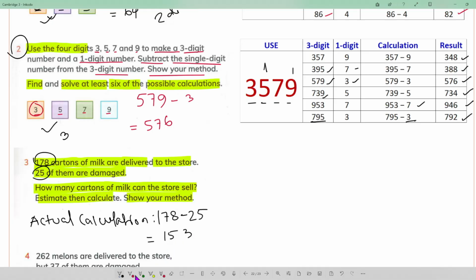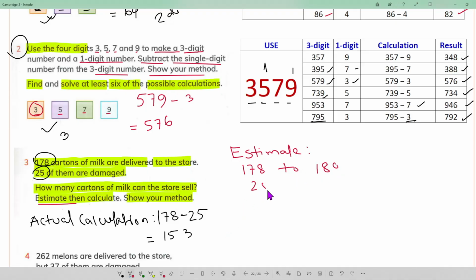But here it mentions estimate then calculate. So for the estimate, 178 rounds to 180, right?